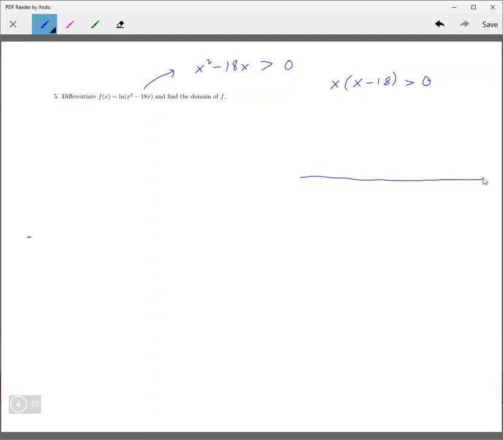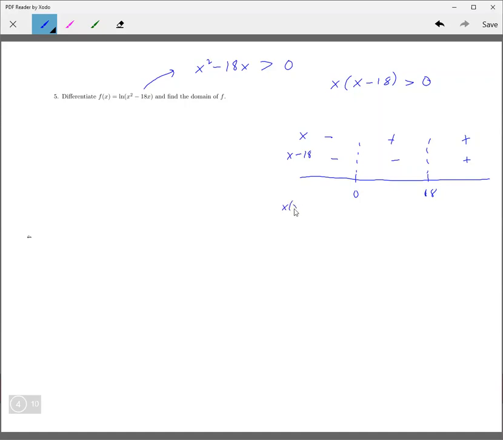So what I like to do is graph the zeros of this on the number line, zeros of the numerator, zeros of the denominator. There's only a numerator here, so we're fine. And then look at each of the terms and determine what they are. This is negative here, and then positive there and there. This is negative there, and then positive there.